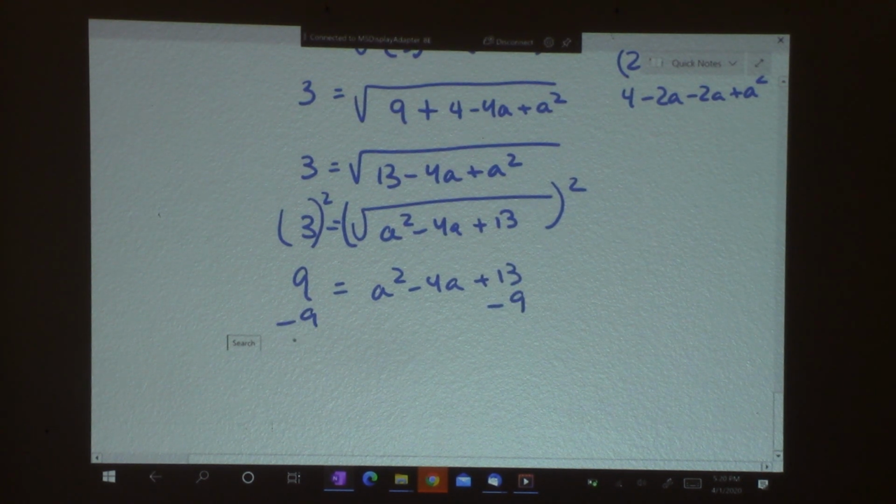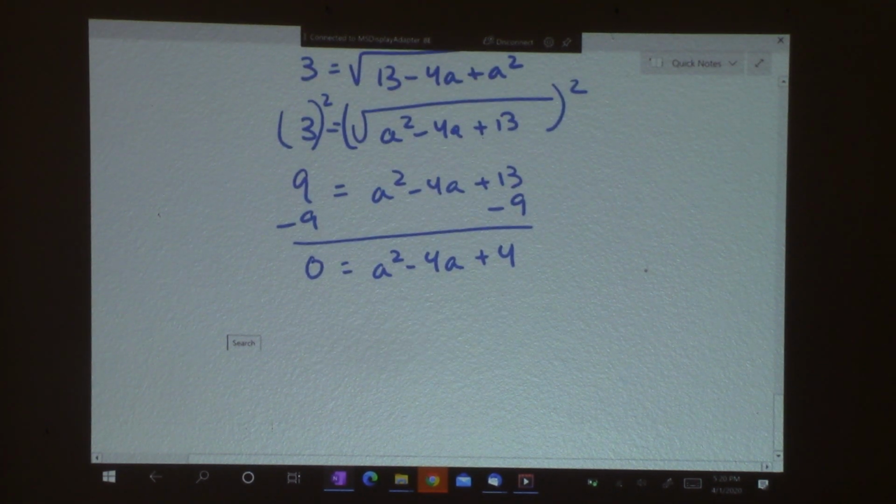Subtract 9. 0 equals a squared minus 4a plus 4. Oh, doesn't that work out well? Now I have magic x. What multiplies to be 4 and adds to be negative 4? Negative 2 and negative 2. (a minus 2)(a minus 2).